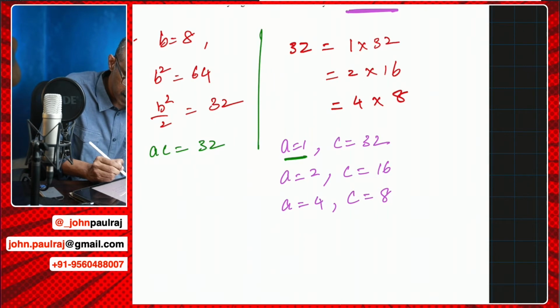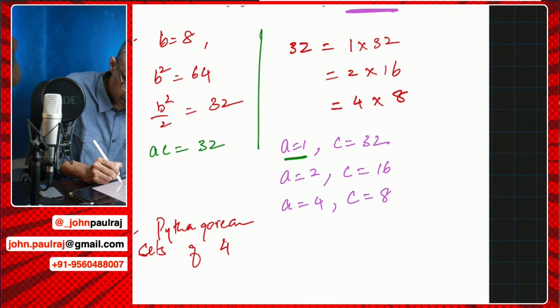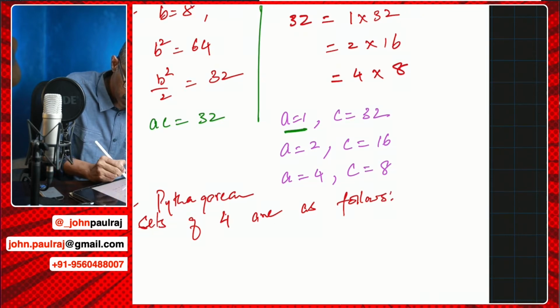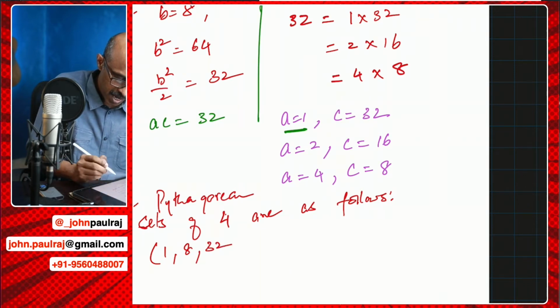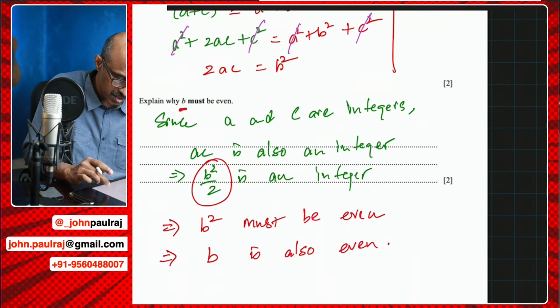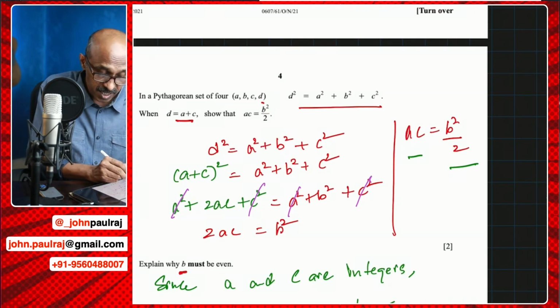So we can write down the Pythagorean sets of 4 as follows. The first one: a is 1, b is 8, c is 32, and we know from question 4 that d is equal to a plus c.